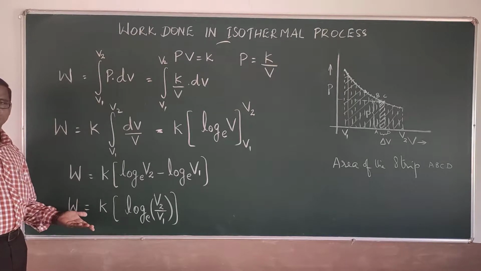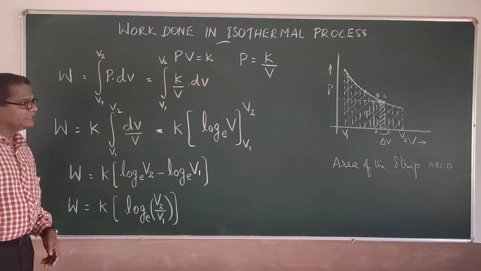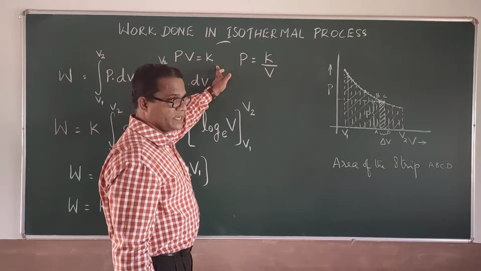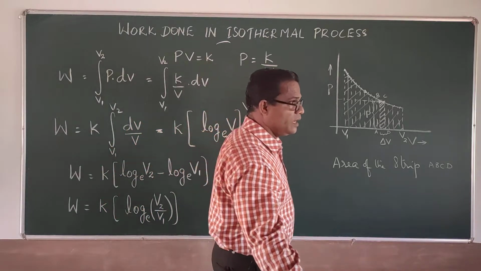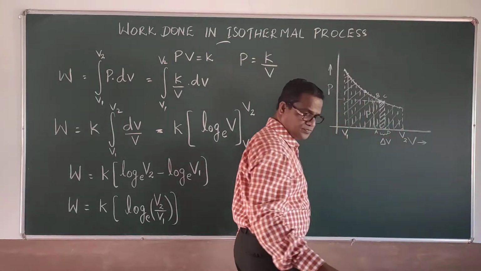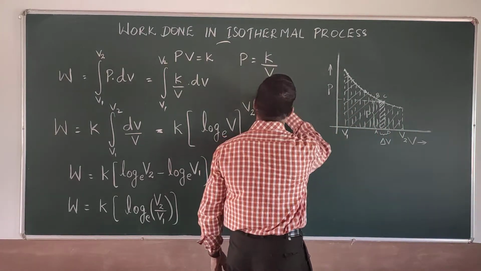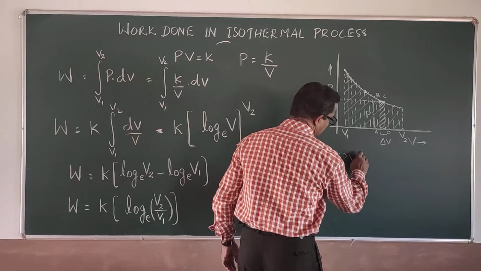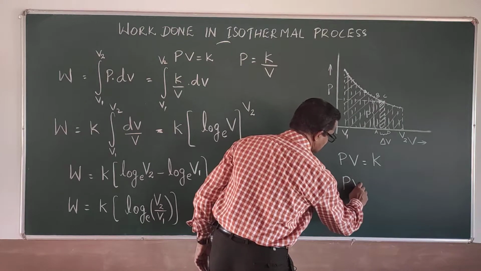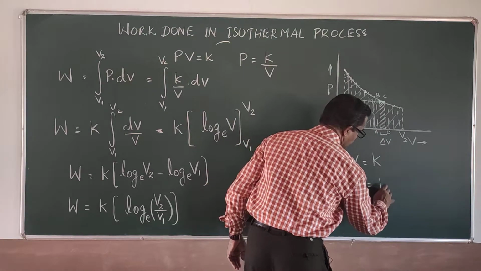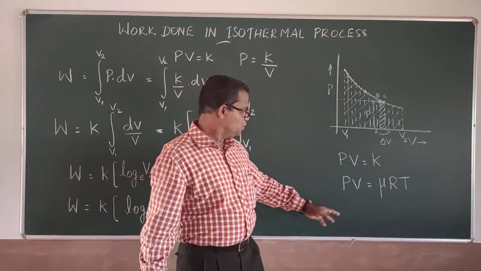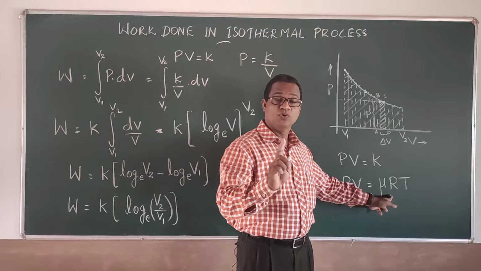What is the K value? To remove that K value, I am considering the equation of state again. As per the equation of state PV equal to K, but for a gas taken in a cylinder, PV equal to mu RT, where mu is the number of moles taken.